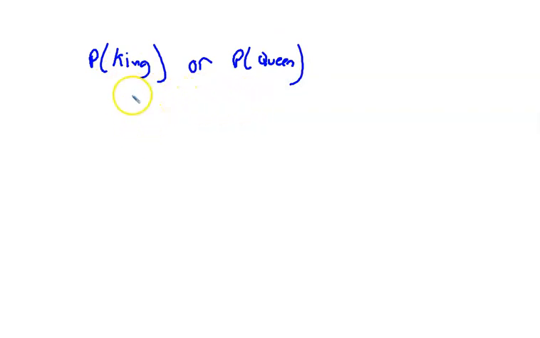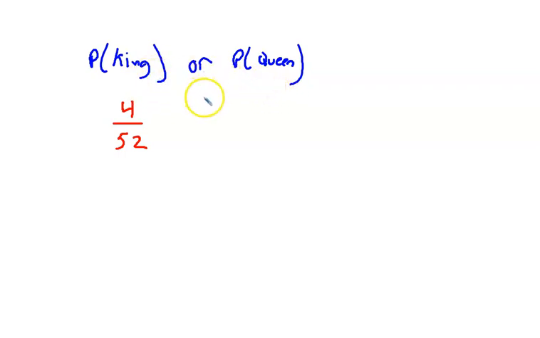In a deck of cards, there are 4 kings in the deck. So how many possible kings can I pull out of the deck? If I'm pulling one card from that deck, I could pull 4 kings out of 52 total cards. And since we're talking about the word OR, and kings and queens do not have any overlapping ground. The king and queens are both unique cards. There is no such thing as a king of queens card.